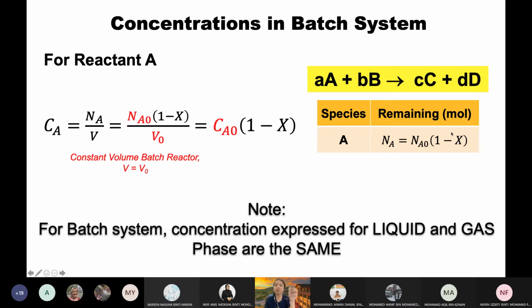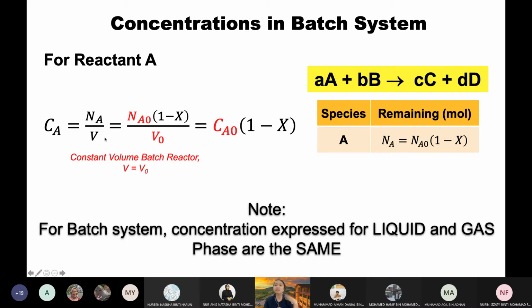From the table we made earlier, we obtained it in this form. So I replace my NA with NA0 (1 minus X), which I obtained from my table. Then the bottom.